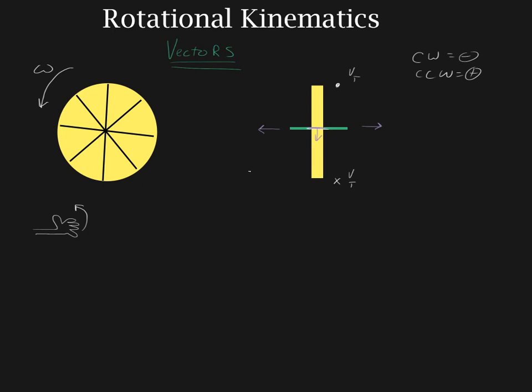The vectors will always point perpendicular to the plane of motion. Okay, so what I mean by that is this wheel is rotating in the plane which is parallel to your screen. So the vector is going to be the reaction to that plane, and it's going to be pointing perpendicular to it. So we have an action which occurs in the plane, and the reaction is perpendicular to it.